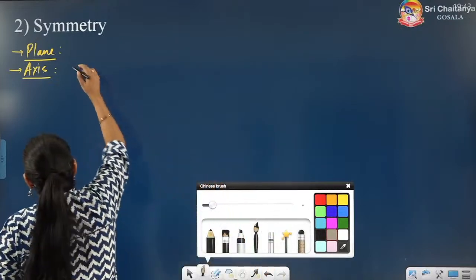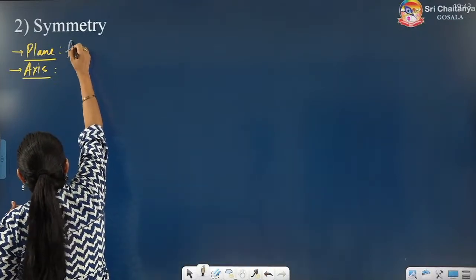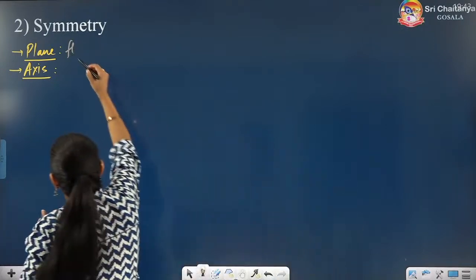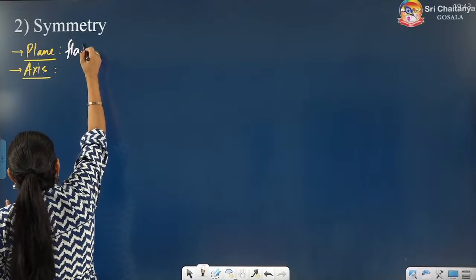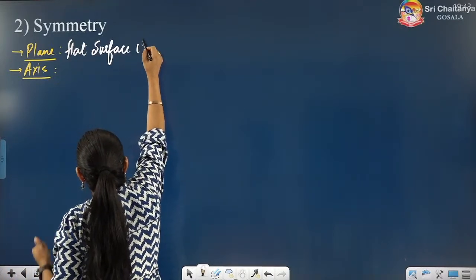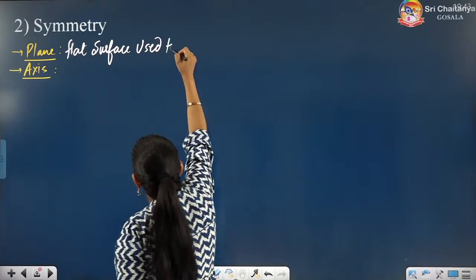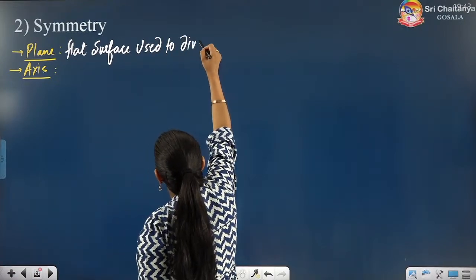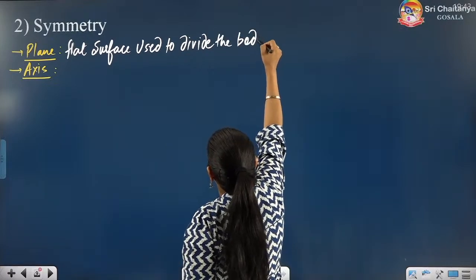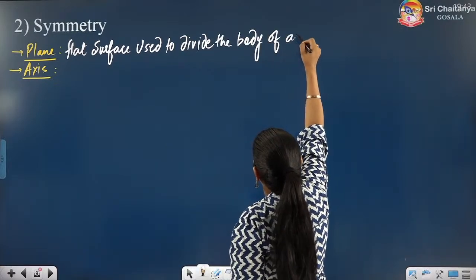So what is plane? Plane is the flat surface used to cut or to divide the body of an organism.